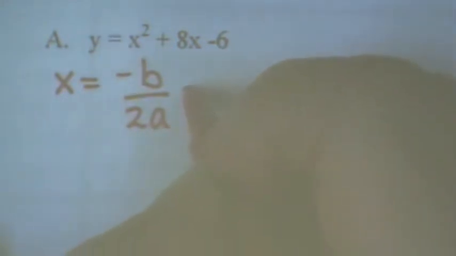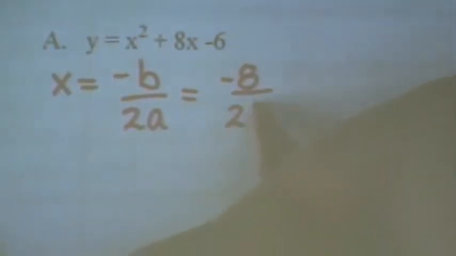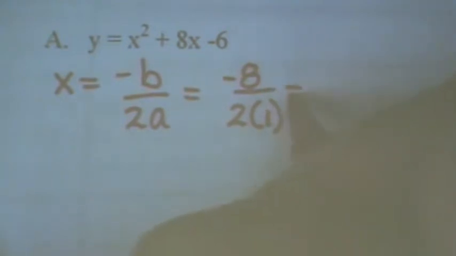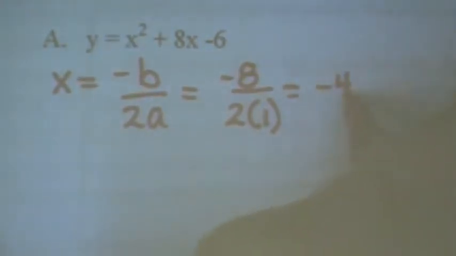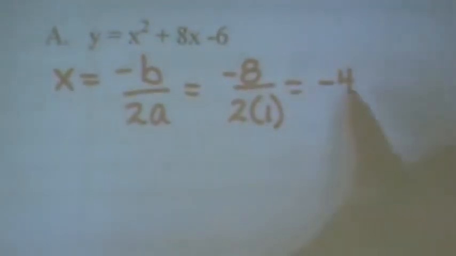Let's find the vertex. What's the b value? 8. So it's -8 over 2. What's the a value? 1. So what is this? -4. That's the axis of symmetry. How do you find the vertex now? You plug -4 into the equation.